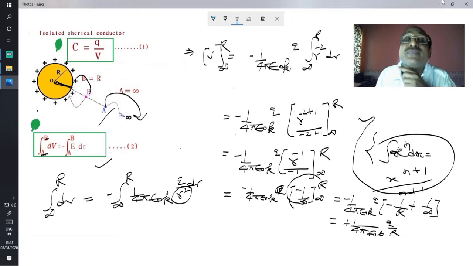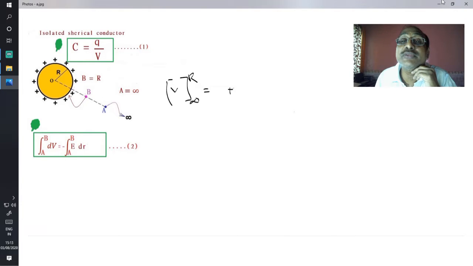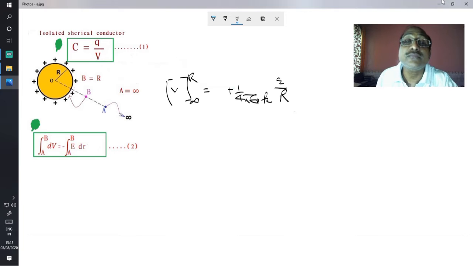and on the left hand side, V from infinity to capital R equals plus 1 by 4 pi epsilon naught K Q upon capital R. Here capital R is the distance of the surface from the center.